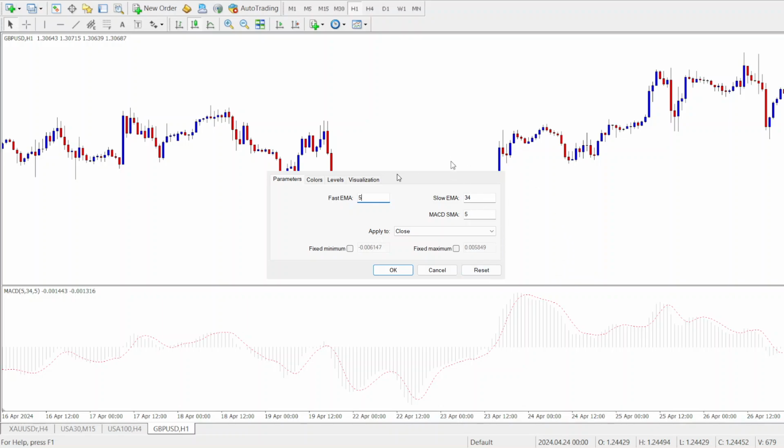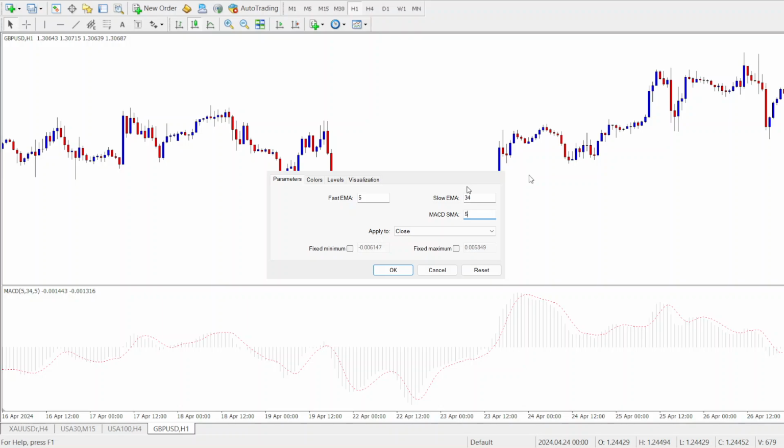Okay, and then we have the MACD SMA also. We are using the settings period 5. However, you can just decide to use the default settings. That is also going to work for you. We have discussed MACD in previous videos.